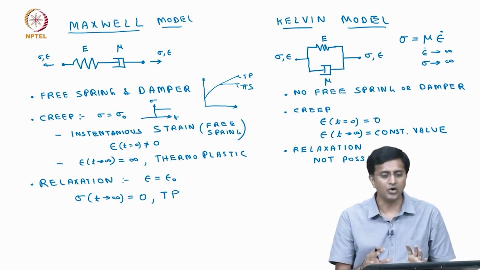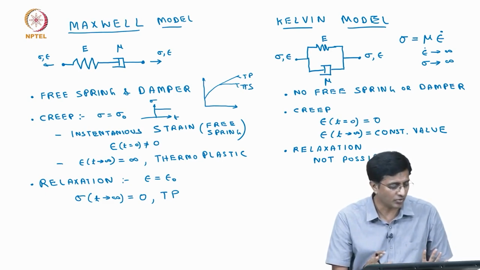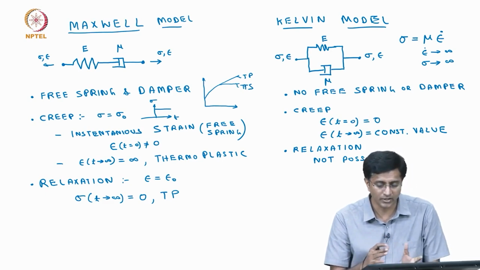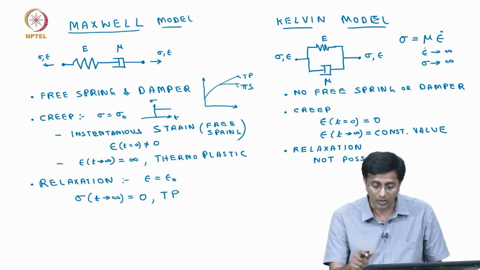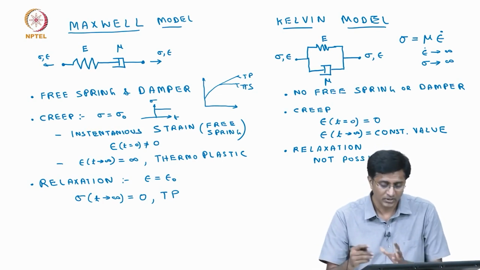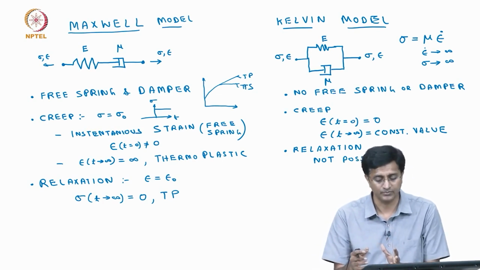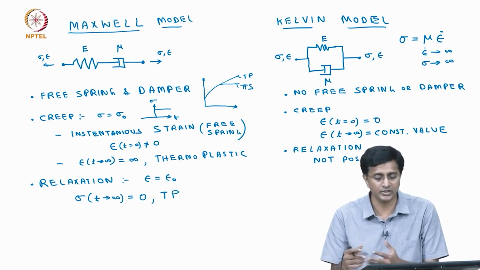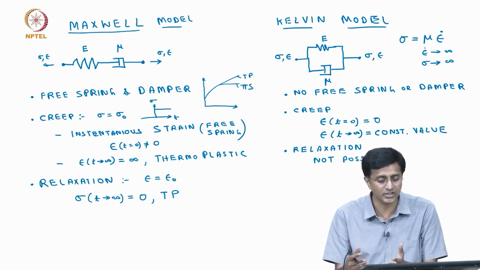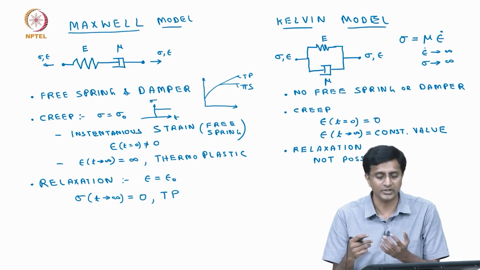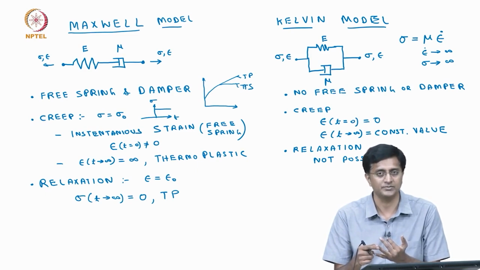Okay. I hope this gives a clear picture about what the Maxwell and Kelvin models are and how they are different. One point I forgot to mention is, let me pose this question: which material do you think closely behaves like a Kelvin model, the thermoplast or the thermoset?